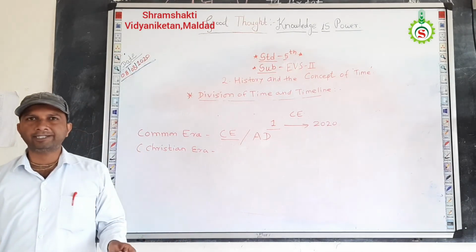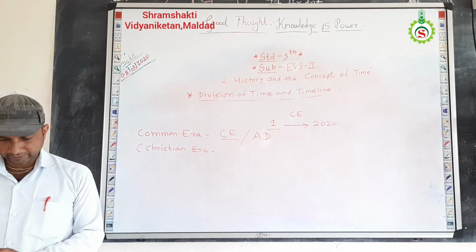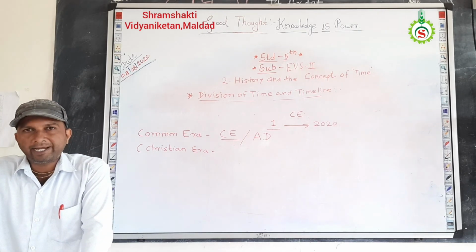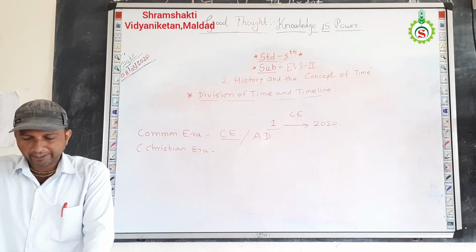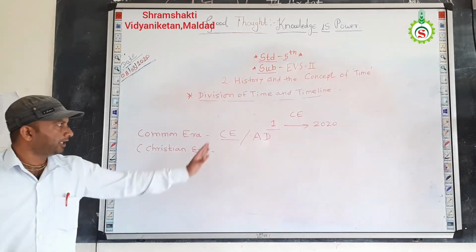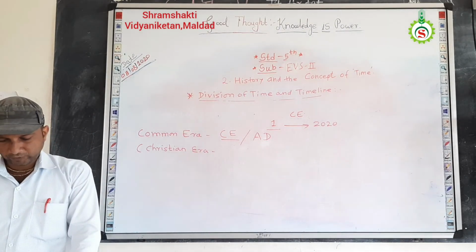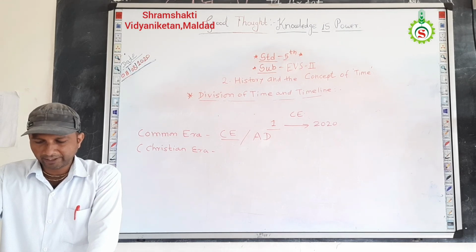Means how many years ago did this calendar start? Before 2020 years. So it is shown with the number 1 at that time. After that, the years after that are indicated by the next number. Means after year 1, 2, 3, 4, and up to now 2020. So the years after that are indicated by the next number in serial order.